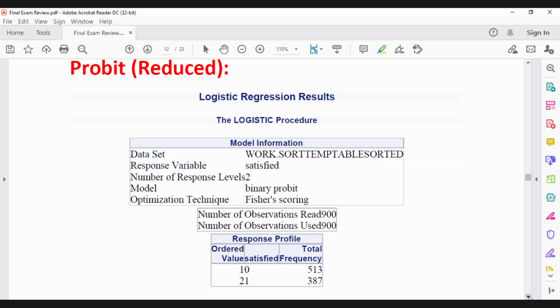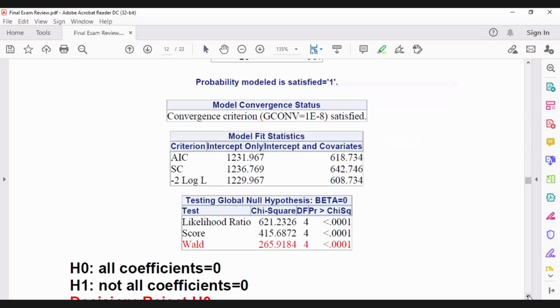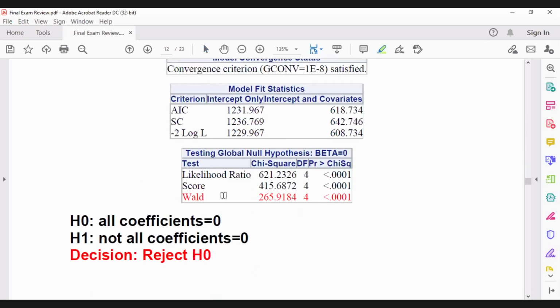For the reduced model, we get Wald equal to 0, having a p-value less than 5% significance level, meaning that the model is significant. So H0, stating that all coefficients are equal to 0, is rejected, and the alternative is accepted.